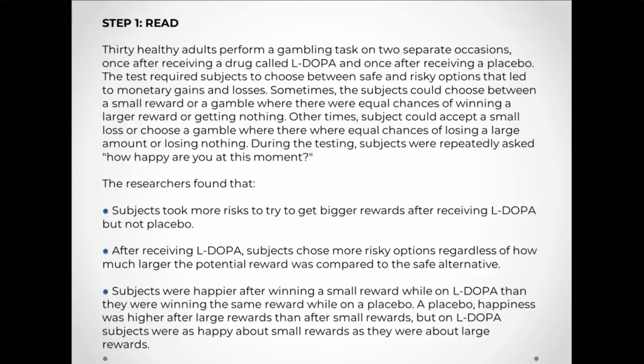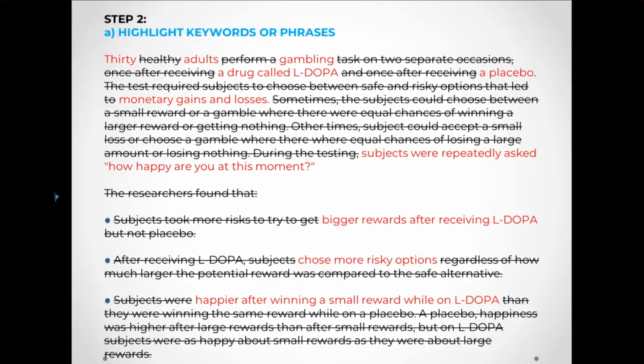If you look at this text, I have done this previously. I have highlighted all the important words that I would extract from this text. This is step 2. Remember, just highlight some keywords.